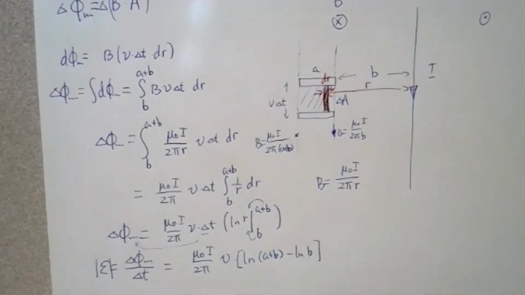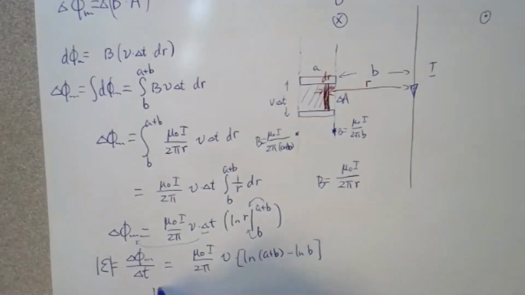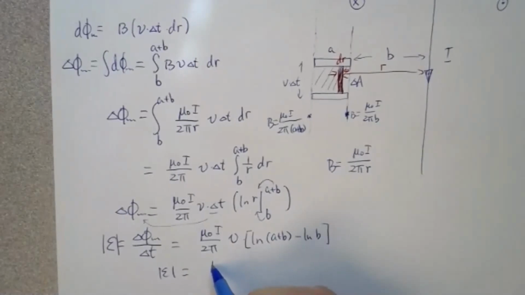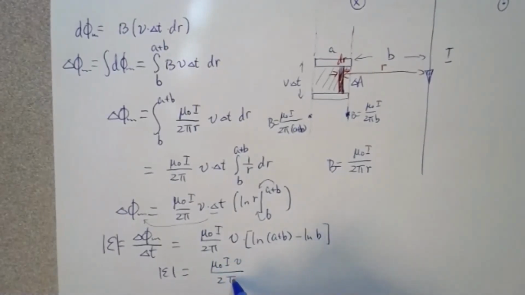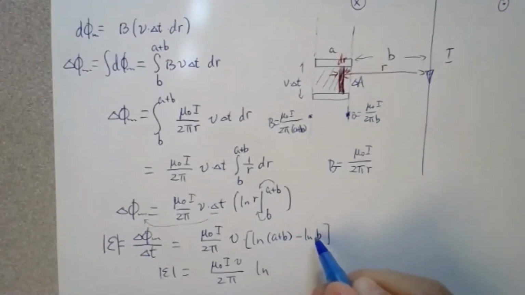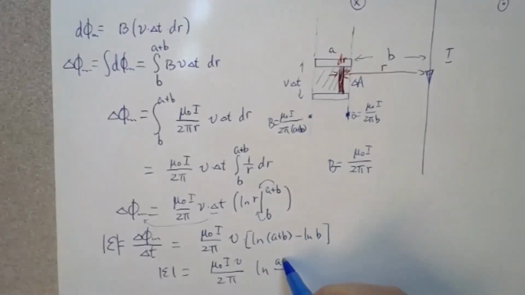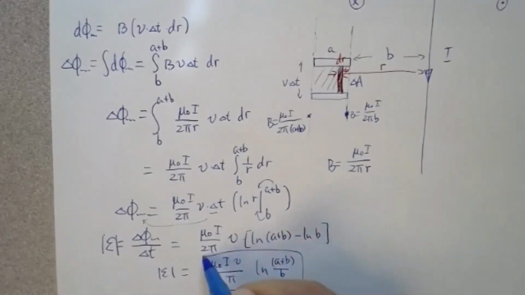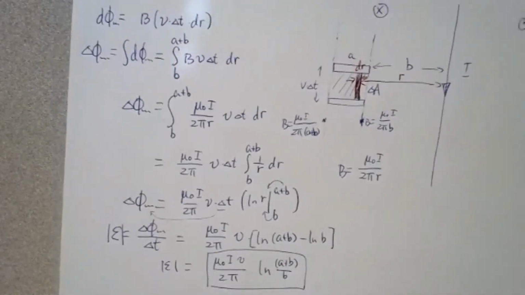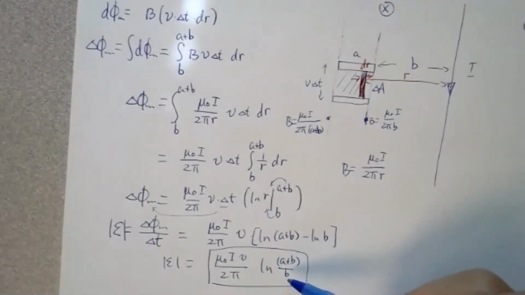So your epsilon will be equal to mu naught I v over 2 pi times ln of (a plus b) over b. That will be your final result for the induced EMF in terms of the given variables in the problem: I, velocity v, and a and b.